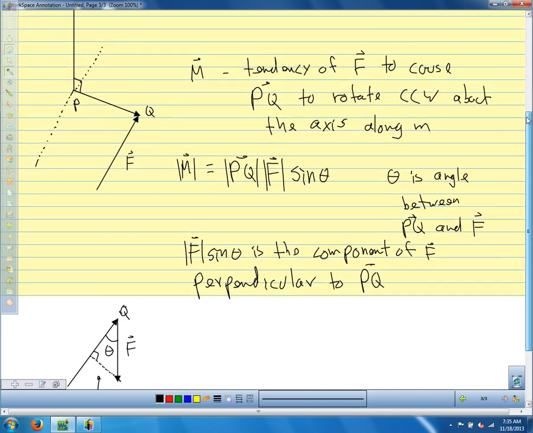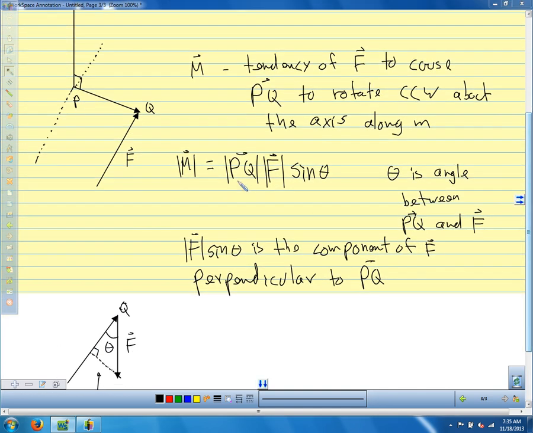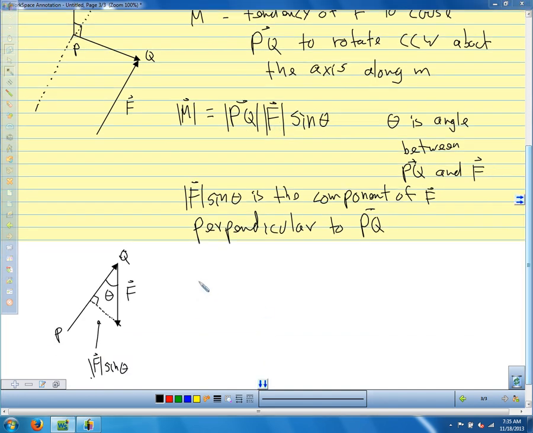So we said our magnitude is the magnitude of PQ times F times sine theta. We find our torque vector, M, is PQ cross F, and our right hand rule applies.